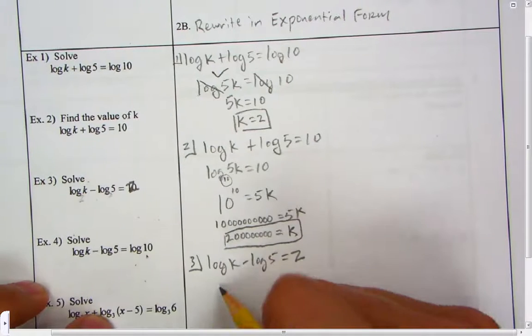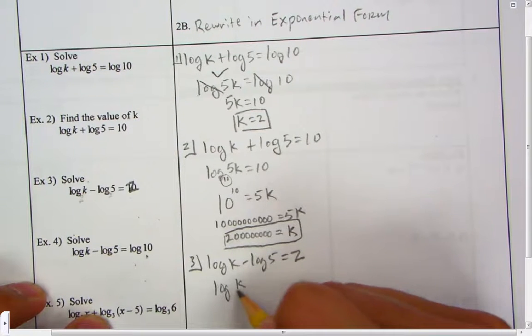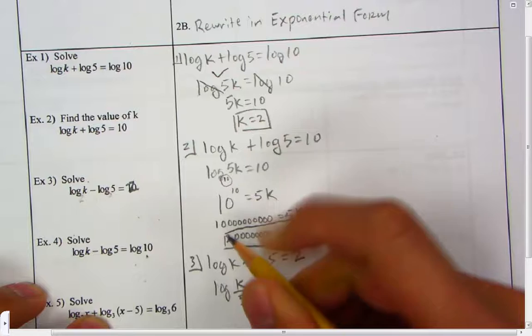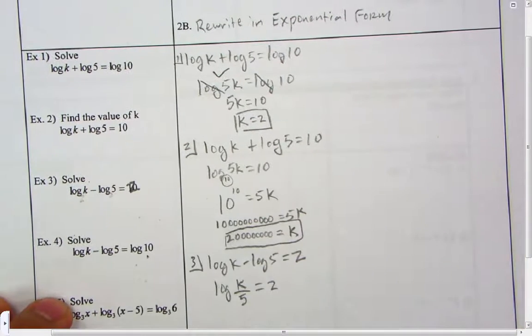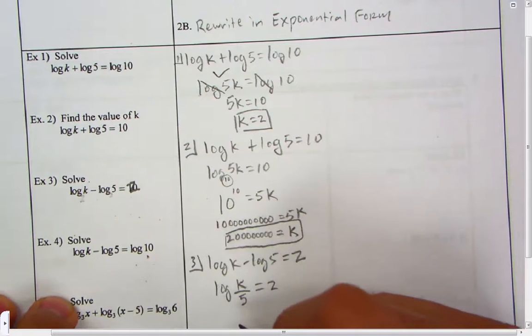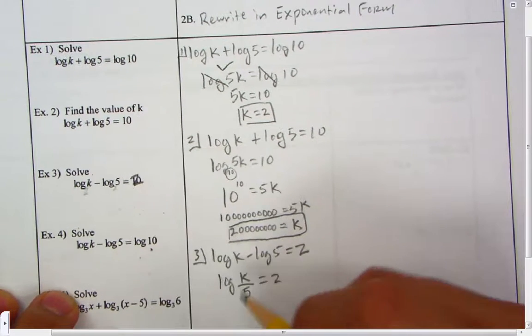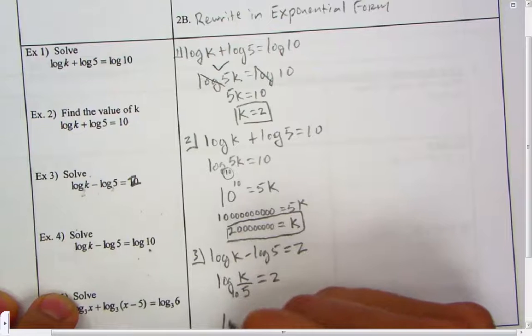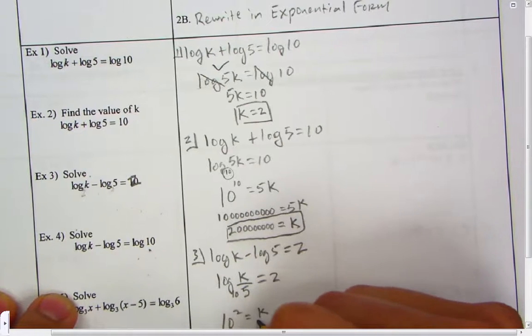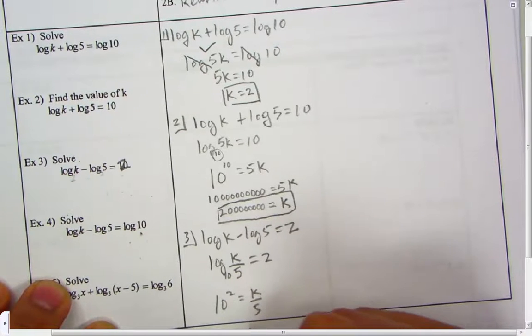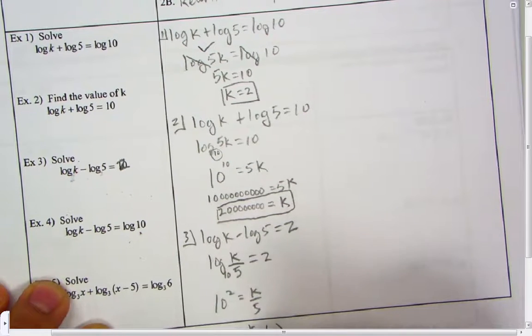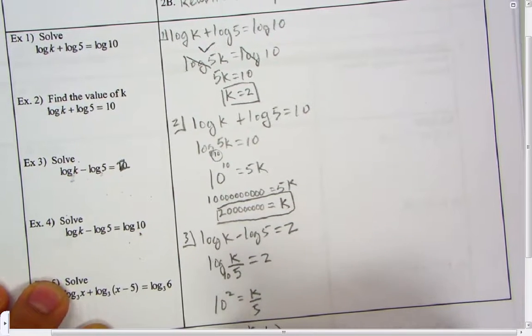I'm going to condense these logs, so this is going to be log k divided by 5 equals 2. Now there's not a log on this side, so I'm going to rewrite in exponential. The base is 10, so it'll be 10 squared equals k divided by 5. Well, 10 squared is 100, so that's 100 equals k divided by 5. I'm going to multiply by 5 on both sides, so k equals 500.